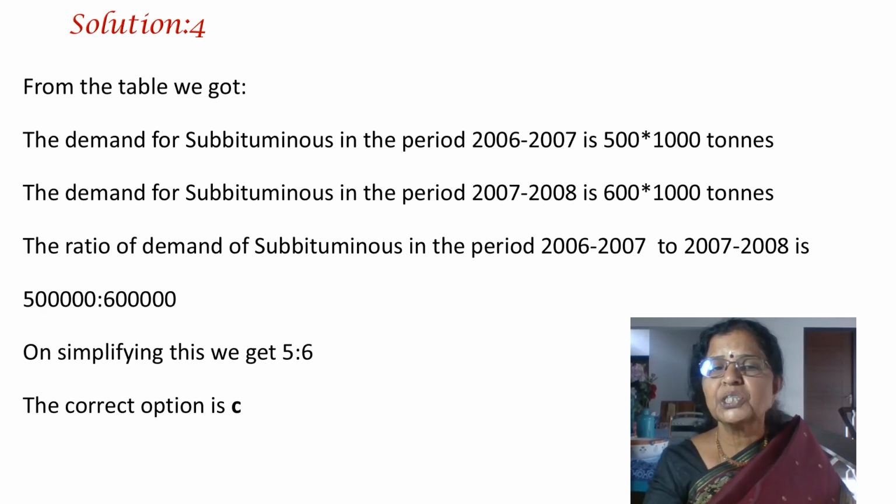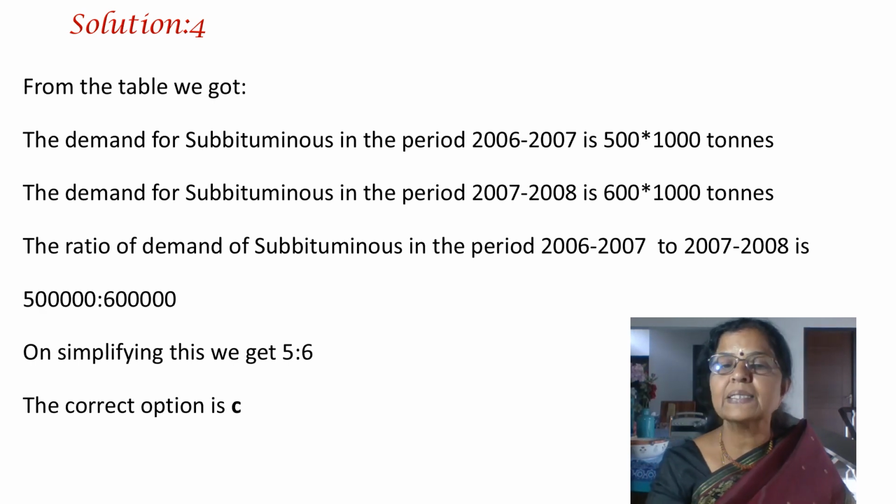What is a ratio? Ratio always shows the relationship in quantity between two or more things. For example, I say the ratio of boys to girls in a class is 3 to 1. What does it mean? This means that there are 3 times as many boys as there are girls.